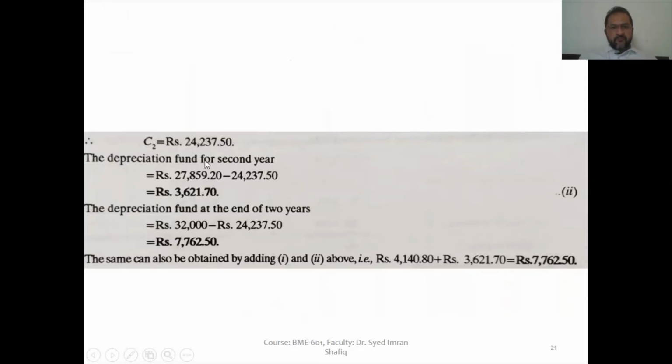The depreciation for the second year will be the value after the first year minus this, which comes out to be 3,621.70. So the depreciation fund at the end of 2 years, subtracting from the original cost, comes out to be 7,762.50. The same can be obtained by adding the depreciation of years 1 and 2.